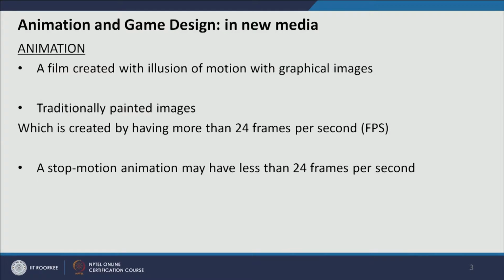But traditionally, the form of animation was mainly hand painted graphical images, and they were moved and changed at more than 24 frames per second, that is 24 fps. If the frames move at more than 24 fps, then we can have an illusion of continuous motion. So there will be a continuity in the time frame.